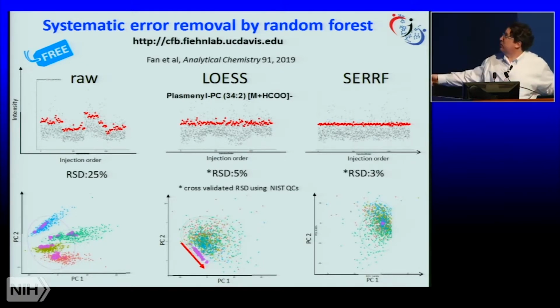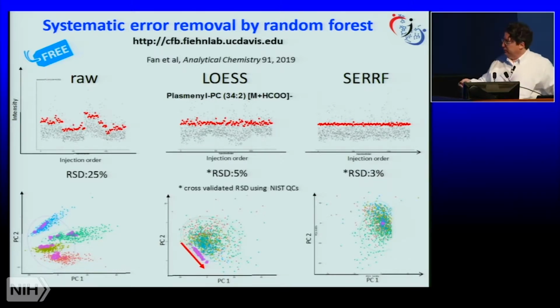And classically, this has been normalized by locally estimated scatterplot smoothing, but as you can see here, that method was over-normalizing, so that we still got residual variance in the data set. That is bad because it increases the technical error, and therefore we lose statistical power.